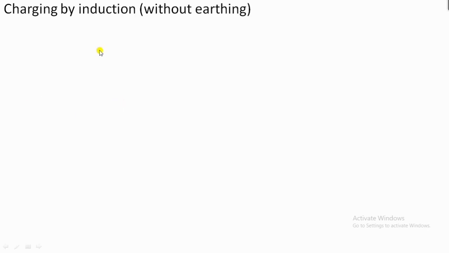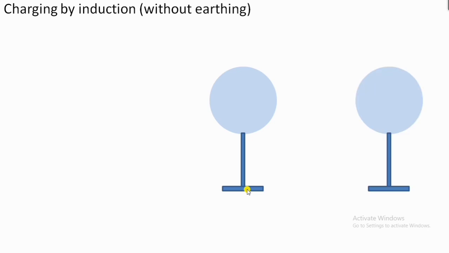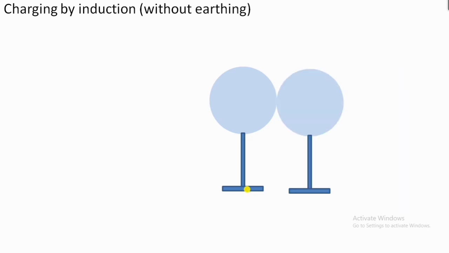So now let's see how to charge an object by induction without earthing. We take a metal sphere on an insulated stand. We take another sphere and we bring them in contact, and we can represent atoms like this.